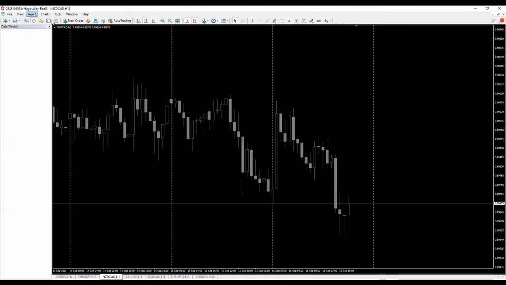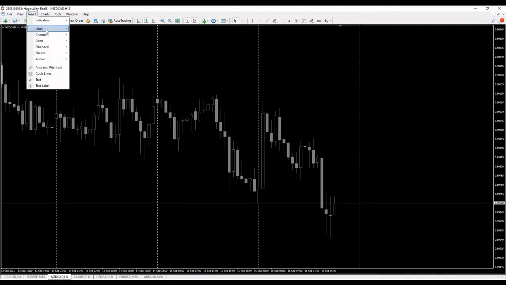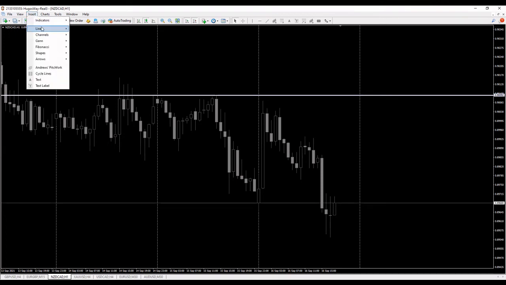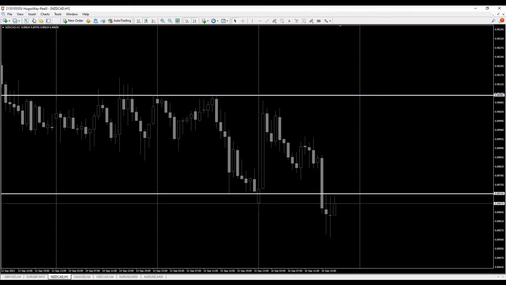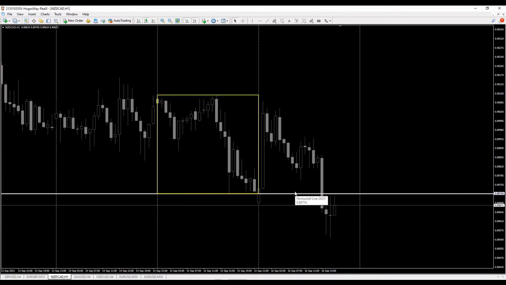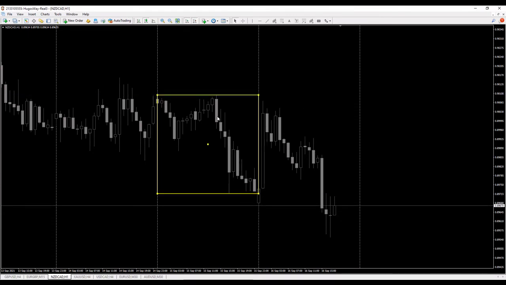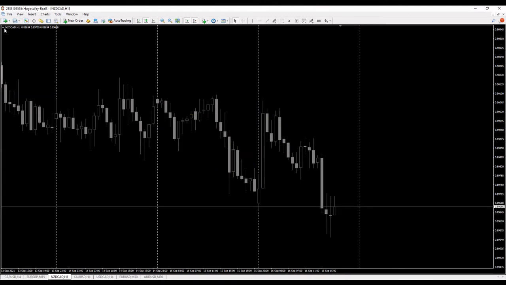That's the high and low of that particular day you're looking at. So for example, right here would be the high. Right here would be the low of yesterday. If you didn't want to draw complete horizontal lines, you could literally box it out from the top of that zone to the bottom of that zone, or you can take a trend line and just draw it sideways like this.